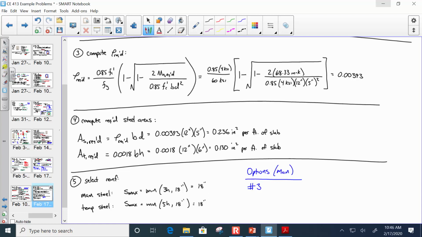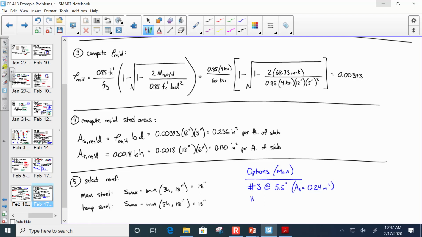Does everybody see that? Okay, and notice how I wanted this to 3 decimal places so that I know that 0.24 is above that. So this is an option at 5.5 inches because the area is 0.24.